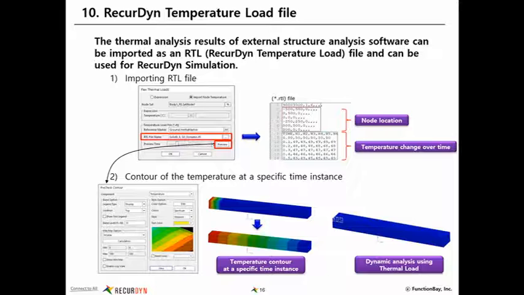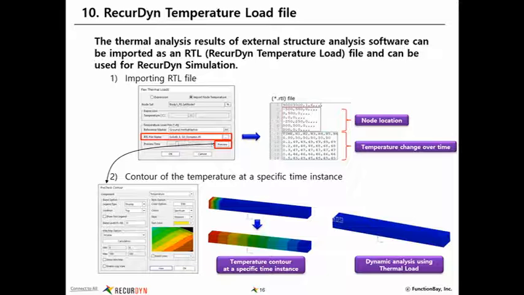In what format? For example, if thermal analysis were done, let's say in ANSYS, what format should the output file be created in? Because ANSYS probably doesn't have this RTL option.